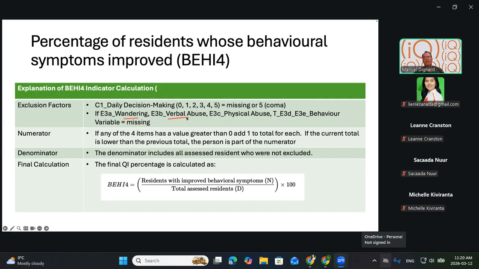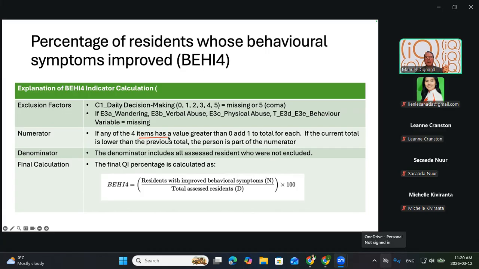And we see wandering, verbal, physical, and then these two are combined, right, as a one. So that's why it says we're looking at 4 items. So 1, 2, 3, and then this is 4. We're looking at that as a one that we just saw in the previous slide.